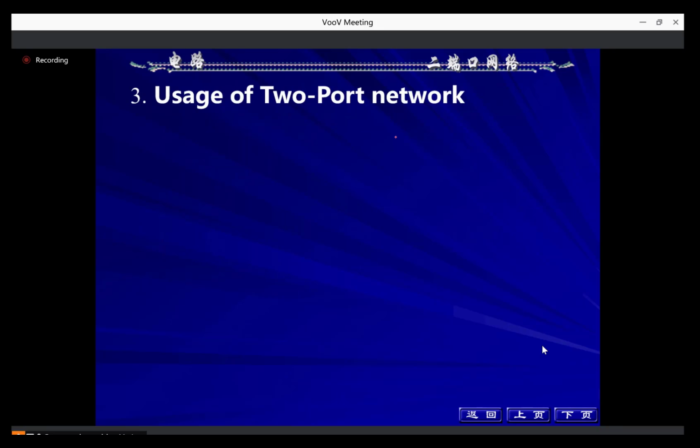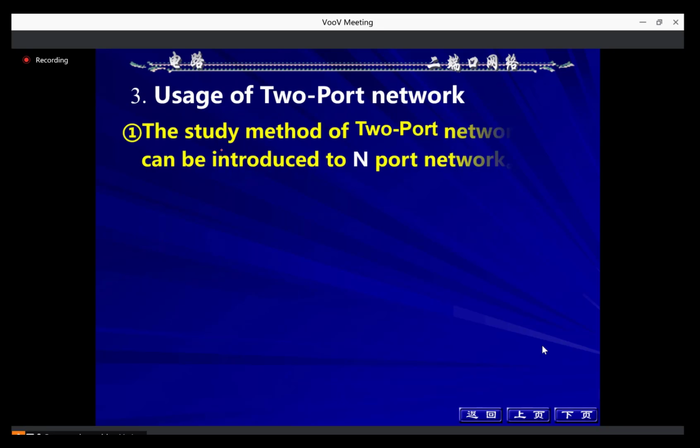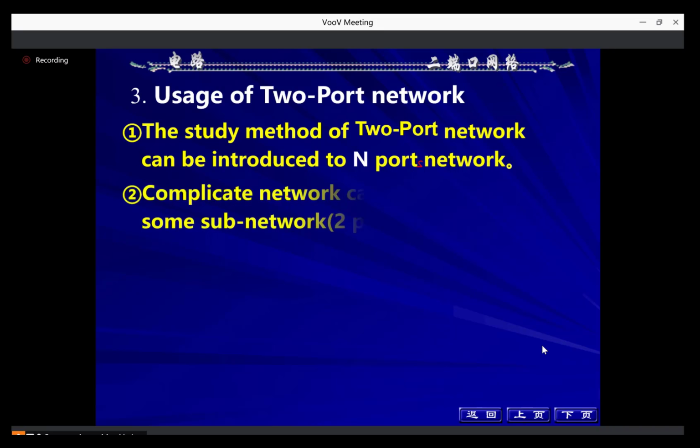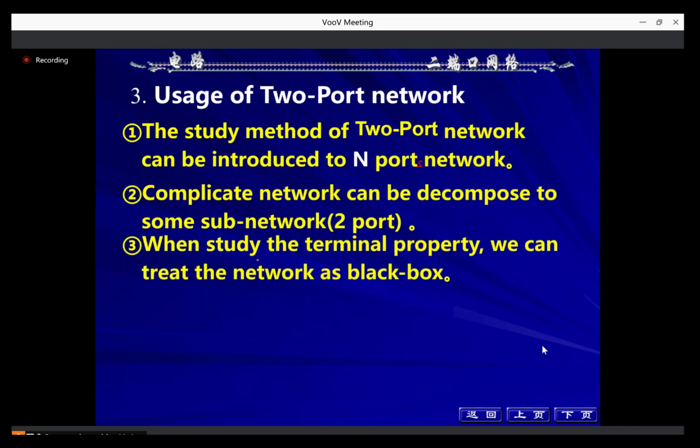The usage of the two-port network: the study method of a two-port network can be extended to the N-port network or multi-port network. The complete network can be decomposed into some sub-two-port networks. When we study the terminal property, we can treat the network as a black box.